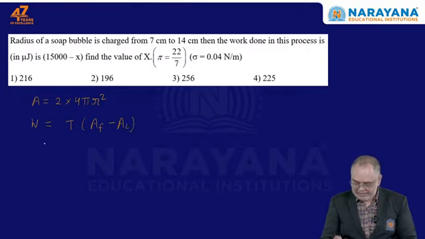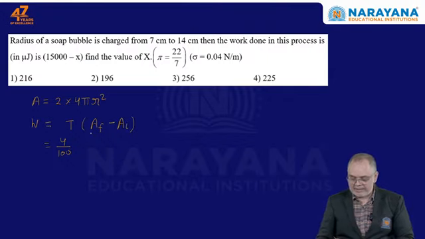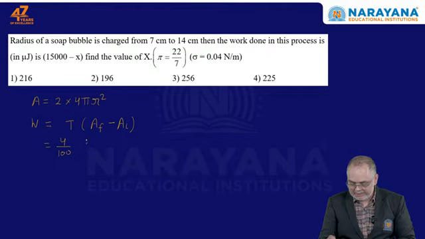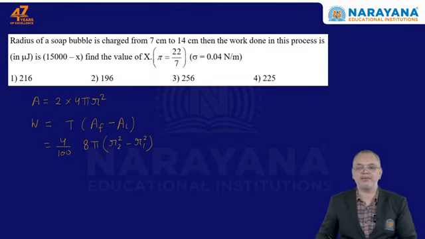Now the surface tension value is given as 0.04 Newton per meter. So we can write 4 by 100 into A final minus A initial. So that is 2 into 4 pi r square. So we can write 8 pi into r2 square minus r1 square. Now r1 and r2 values are given, that is 7 centimeter and 14 centimeter respectively.